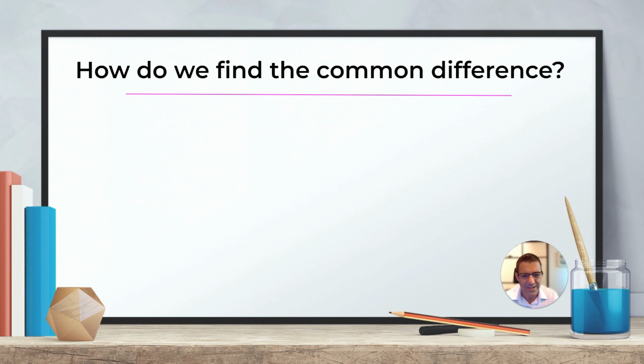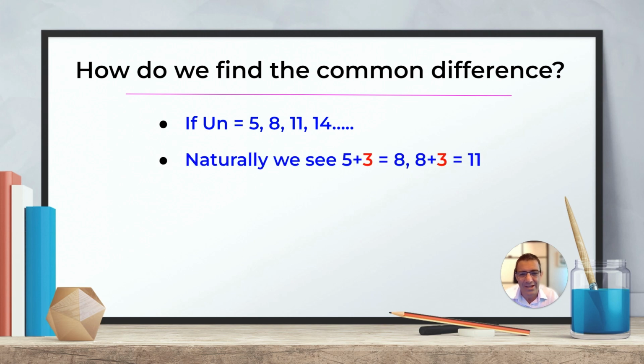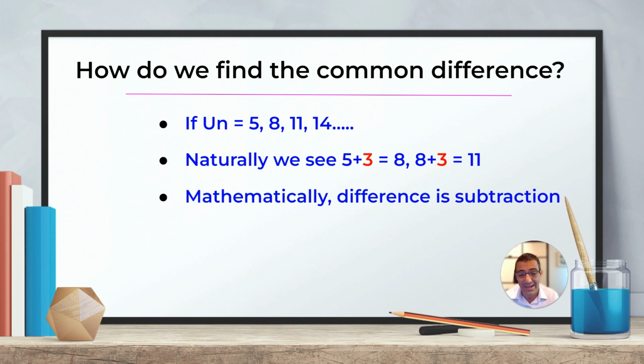So one of the first skills you need to learn when you do arithmetic sequences is to think about how we find the common difference. If you look at un equals 5, 8, 11, 14, you naturally see that 3 is the common difference because you're thinking, well, how do I get from 5 to 8? I added 3. How do I get from 8 to 11? I added 3. Now, mathematically, the word difference means subtraction.